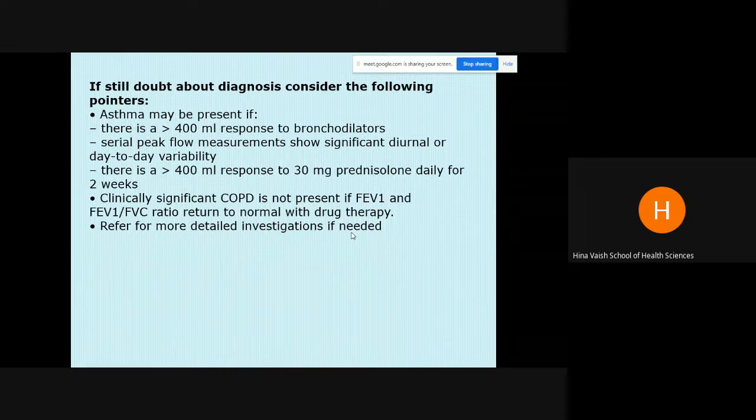If you see that there is an increase, then this means that it is asthma. Even if reversibility testing is not done, if after the drug therapy it is returning back to normal, then COPD will not be present because COPD is not a reversible condition.